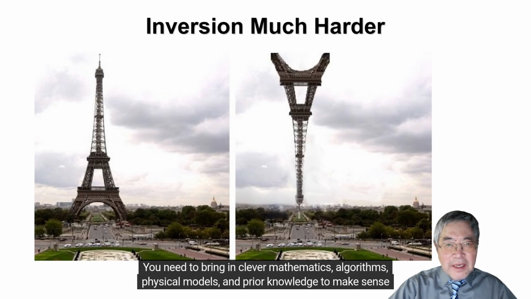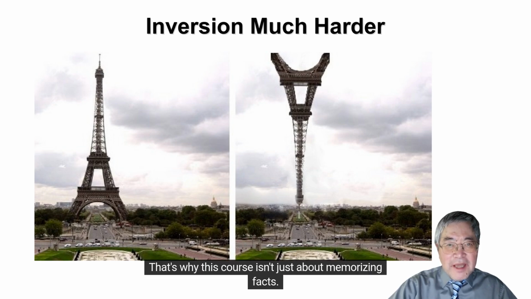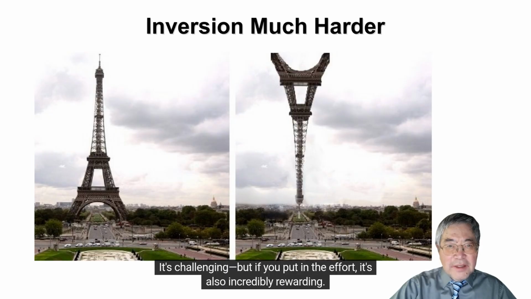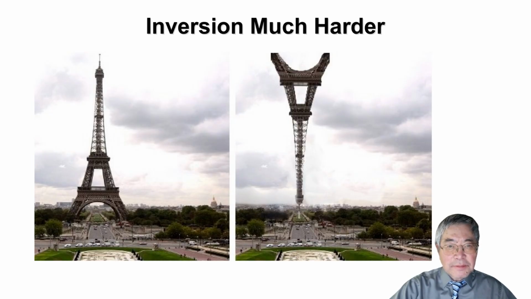You need to bring in clever mathematics, algorithms, physical models, and prior knowledge to make sense of it all. That's why this course isn't just about memorizing facts. It's about developing your quantitative thinking and really understanding what's going on underneath the surface. It's challenging, but if you put in the effort, it's also incredibly rewarding.